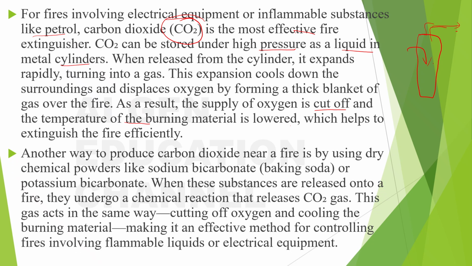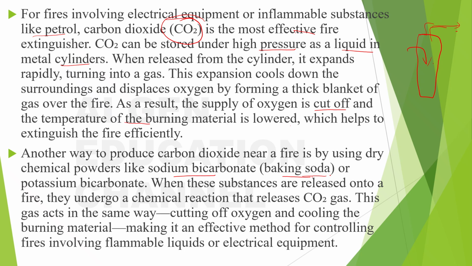Now, another way to produce carbon dioxide near a fire is by using dry chemical powders like sodium carbonate or potassium bicarbonate, right? So, when you don't have carbon dioxide with you, you may even use sodium bicarbonate. The usual name is baking soda, or potassium bicarbonate, right?